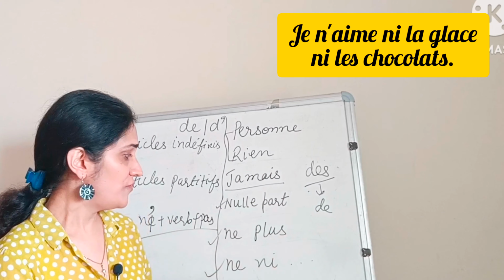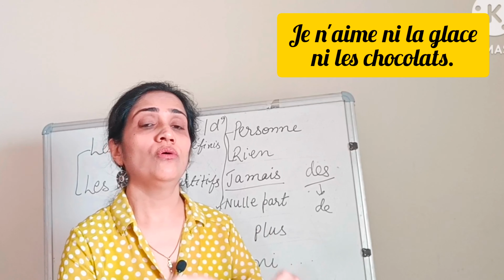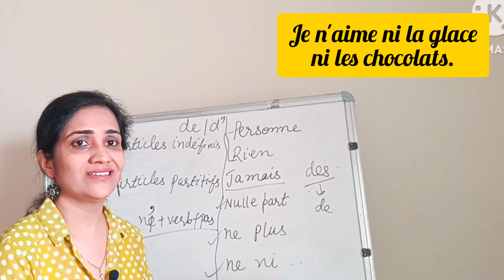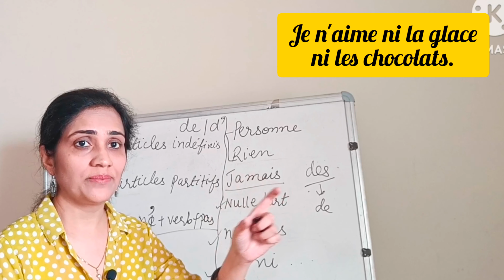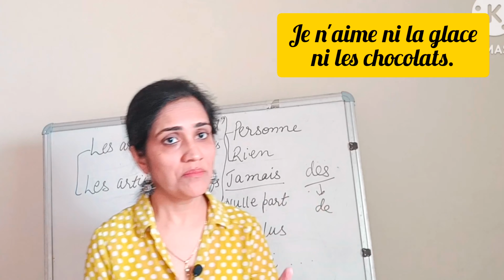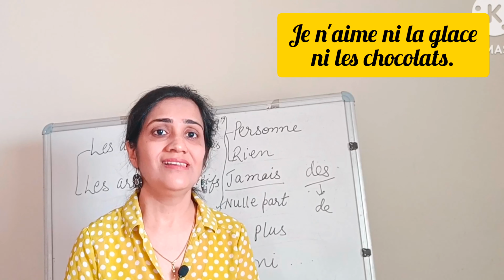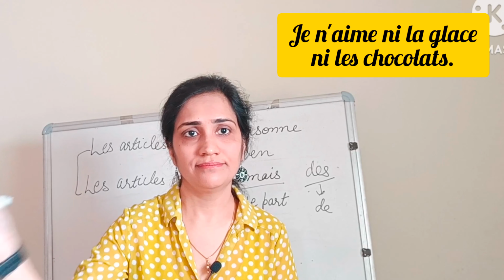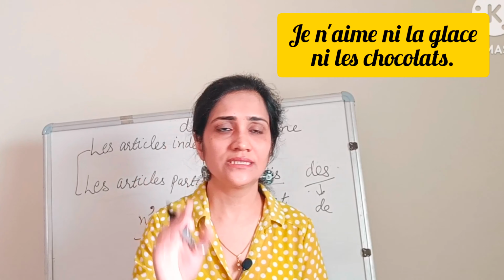It means if you are using two or three nouns in a single sentence, you have to repeat this ni with each noun. So here, the ice cream and the chocolate. So, je n'aime ni la glace ni les chocolats. And you have to retain this definite article.